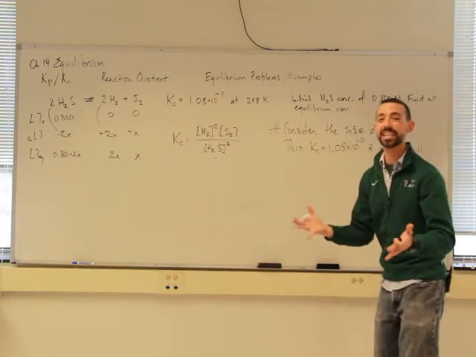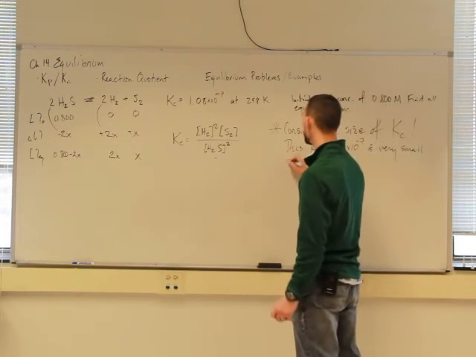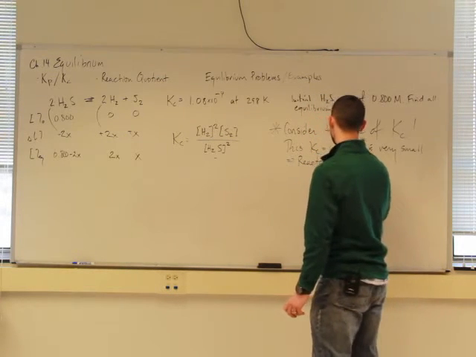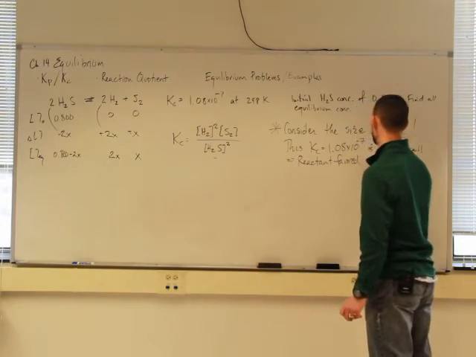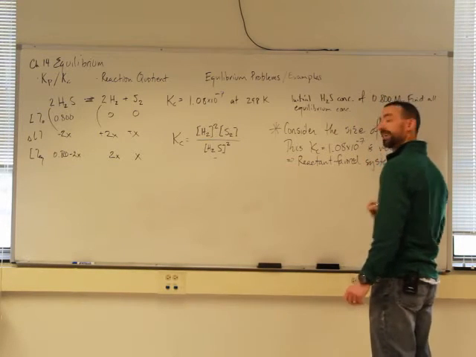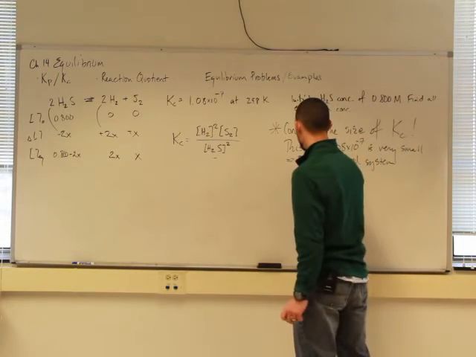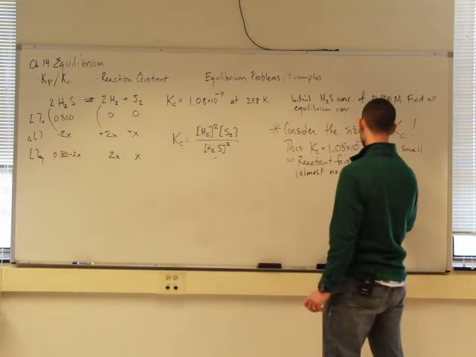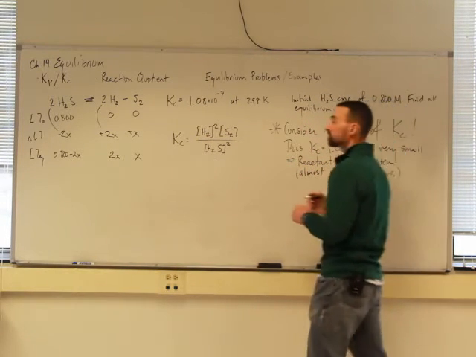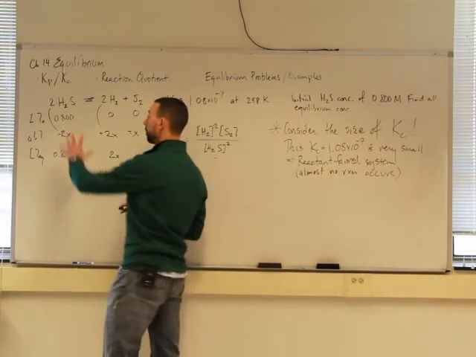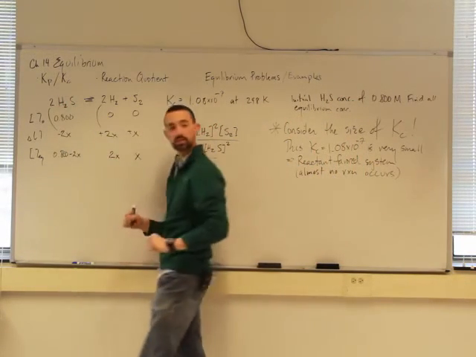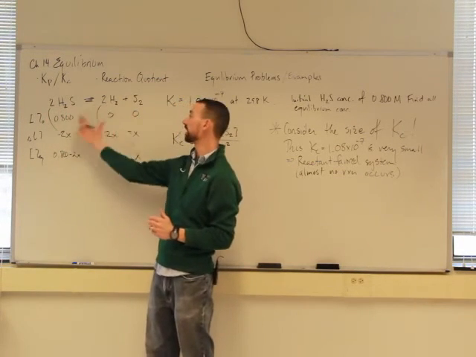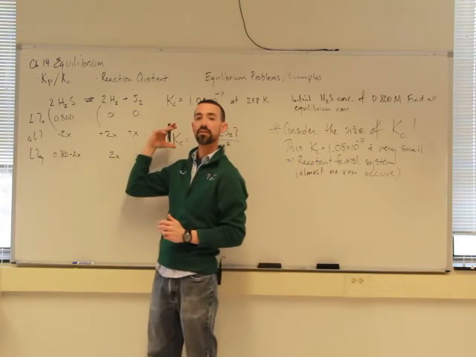That's not just a fact, that has a significance. The significance is that this is what we call a reactant-favored reaction or system. The subtext here is that almost no reaction occurs. It's so reactant-favored, it wants to stay over here as reactants. It doesn't want to turn any of the hydrogen sulfide into hydrogen and sulfur.